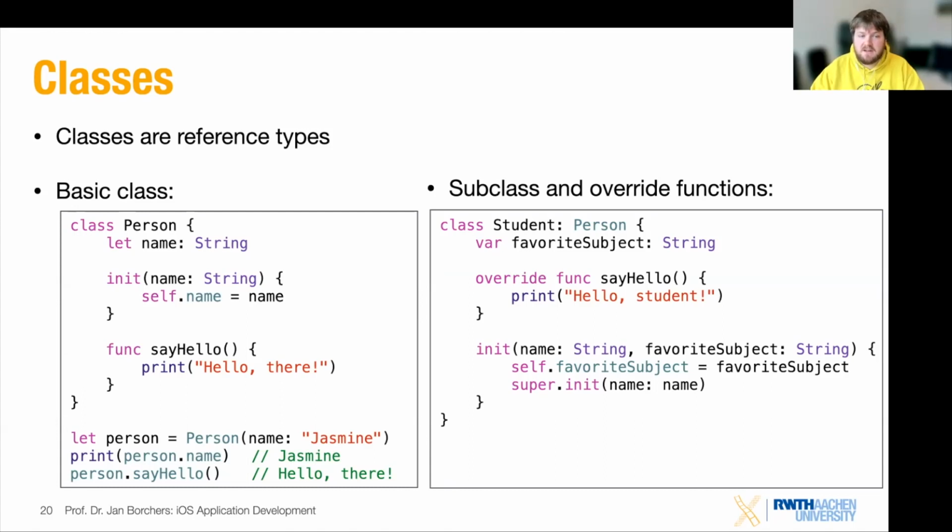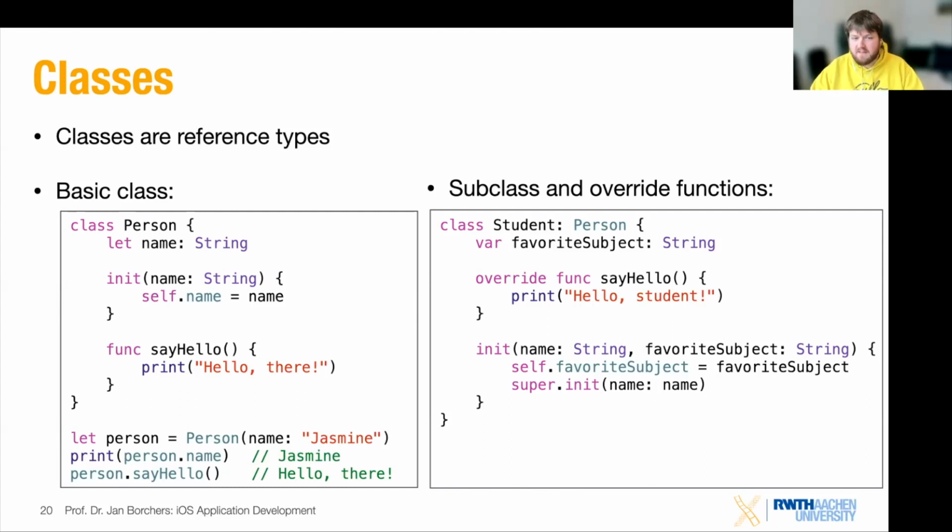That makes clear that this is a function that already exists in your base class, but is now adjusting that function. So here, instead of printing out hello there, we print out hello student. And we can do that because we said that this is overriding the already existing function from our base class.